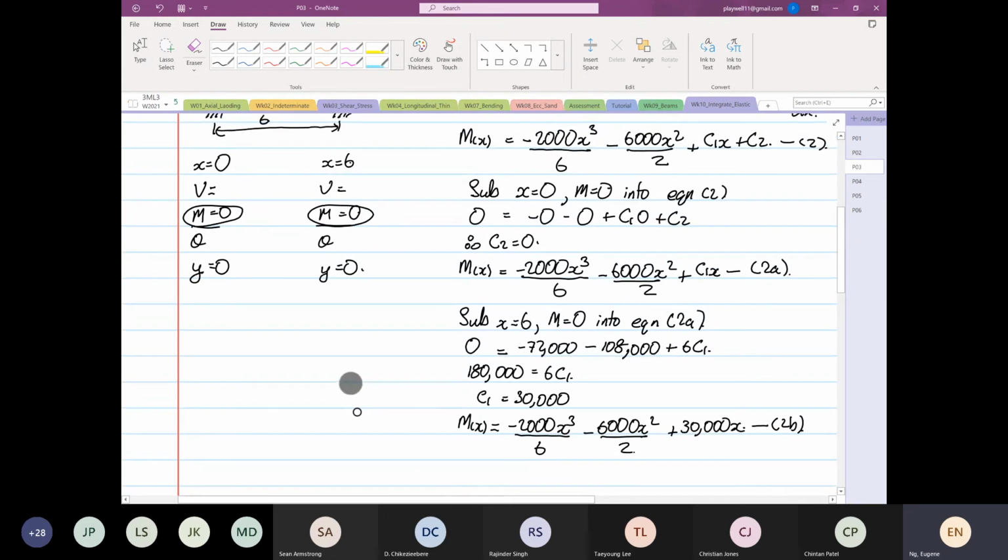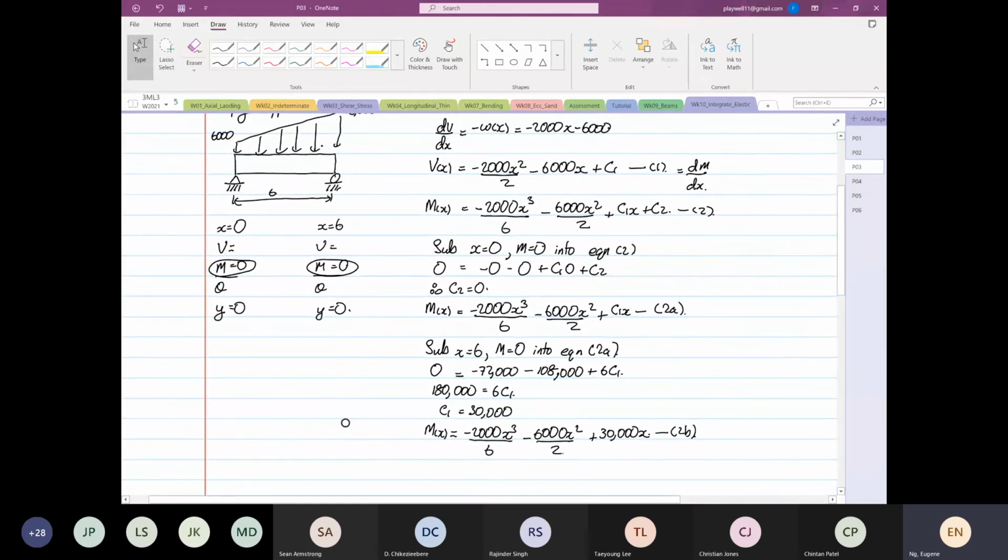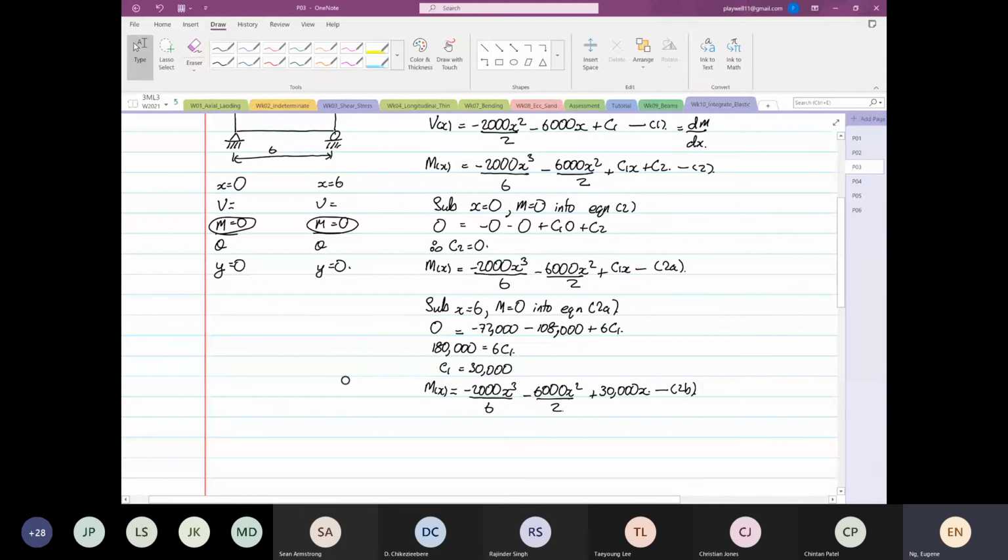So now you can see the purpose of this exercise. I want to show you, sorry, we still have to write out v as a function of x, which is equal to minus 2000 x squared over 2 minus 6,000 x plus C1, 30, times 10 to the power 3.